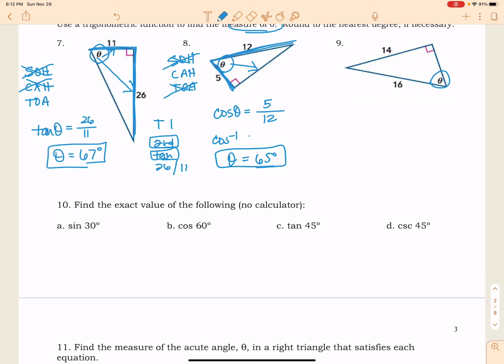Okay, and here's our last one. Remember, I'm going to make my list here so I can figure out what to use. Theta's right here, opposite and hypotenuse. So that means I'm going to use sine. Sine theta is opposite over hypotenuse, so I've got to find sine inverse of 14 divided by 16.